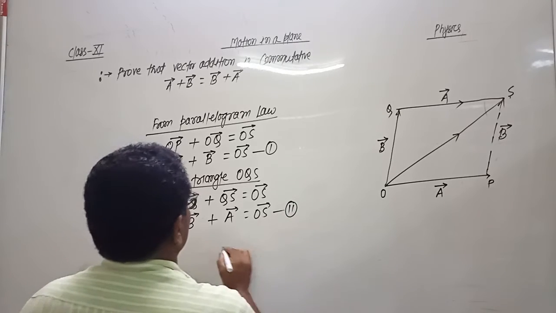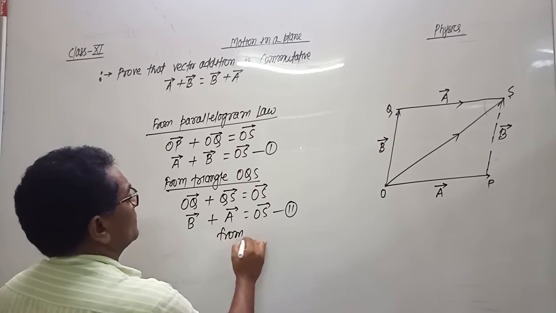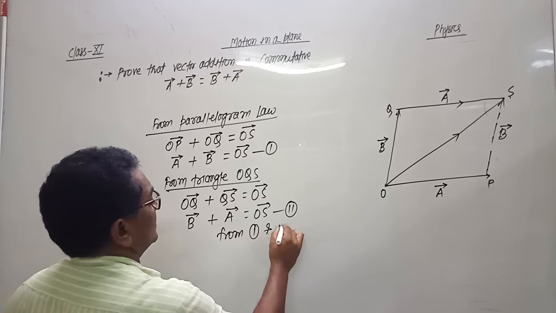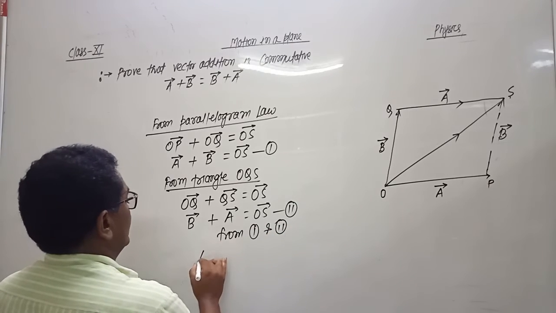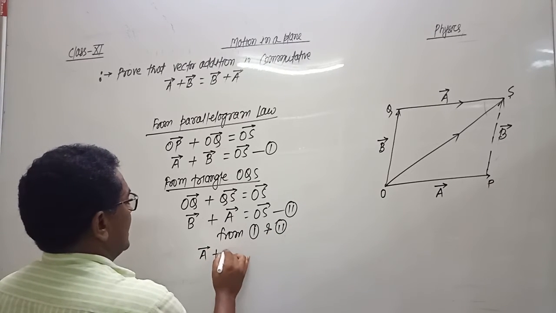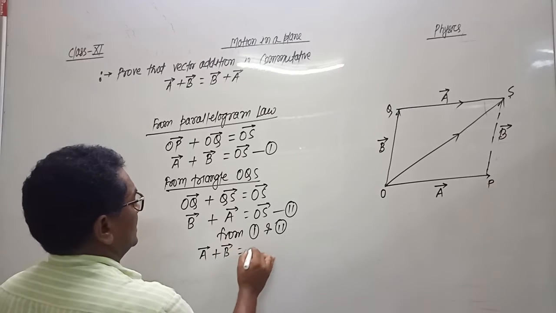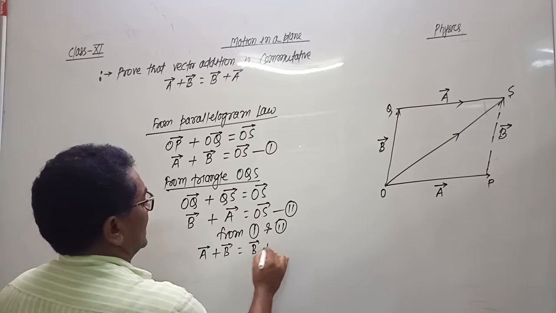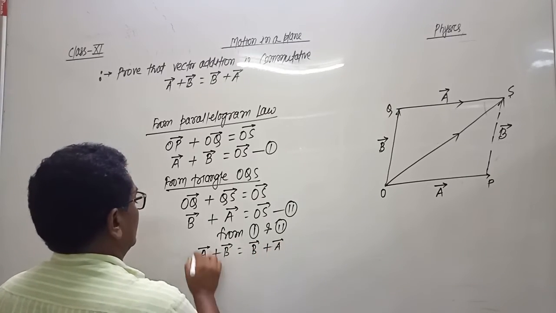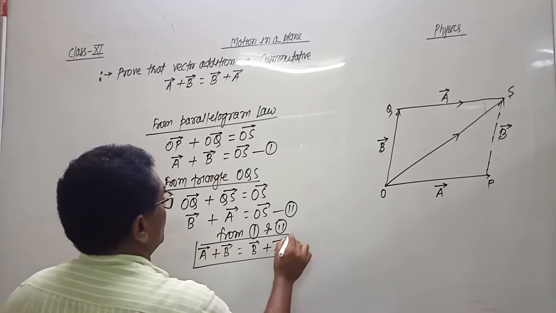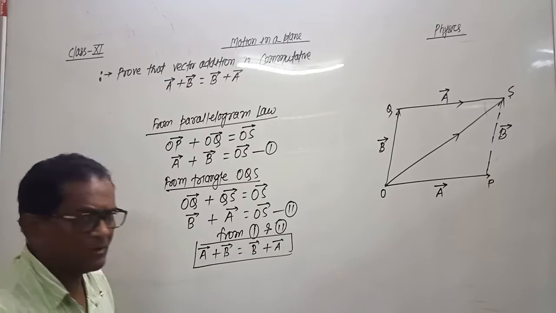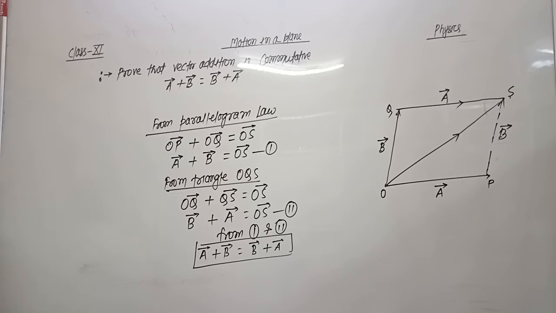This is the second equation. So from the first and second we conclude that vector A plus vector B equals vector B plus vector A. This is the proof of the commutative law.